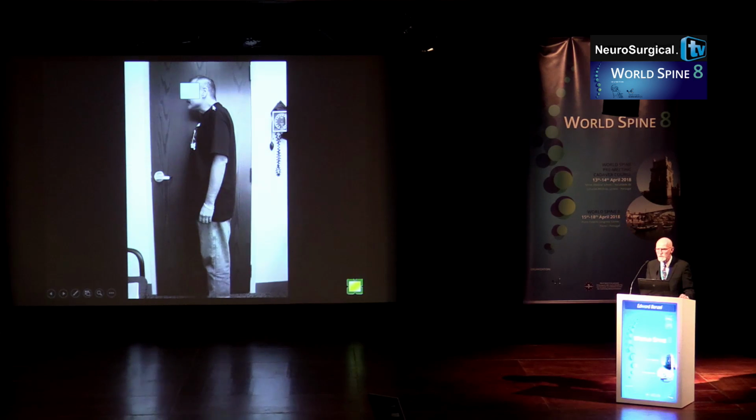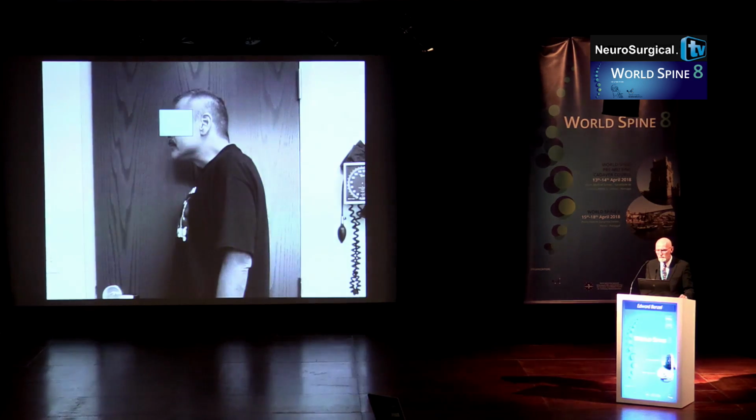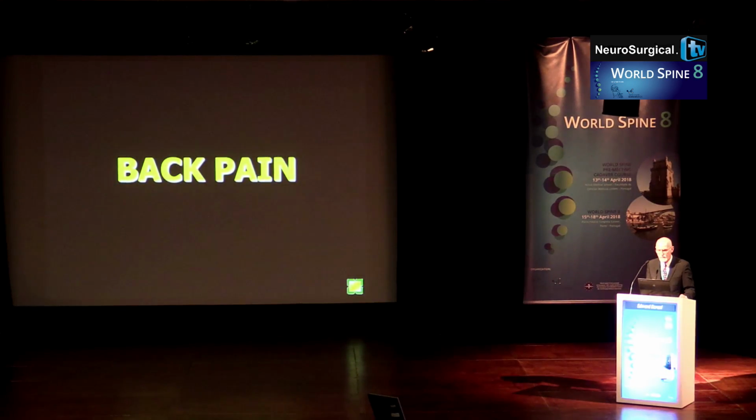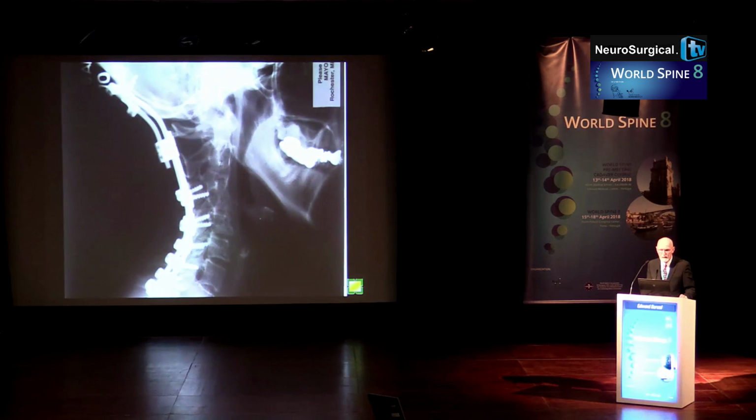The trapezius muscle is an accessory muscle of extension. It's not very effective, but when the neck cannot get back into its normal posture, the trapezius muscle is reflexively activated, causing significant discomfort in myofascial syndrome. But they also complain of back pain.